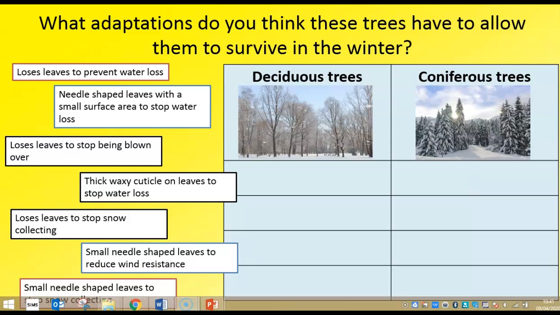These are like your Christmas trees with pine cones or pine needles, and they tend to live in colder environments. So have a little look at these statements here and try to match which ones go with deciduous trees and which ones go with coniferous trees. So pause the video, have a go at that, write down your answers on a piece of paper and then we'll look at the answers in a minute.